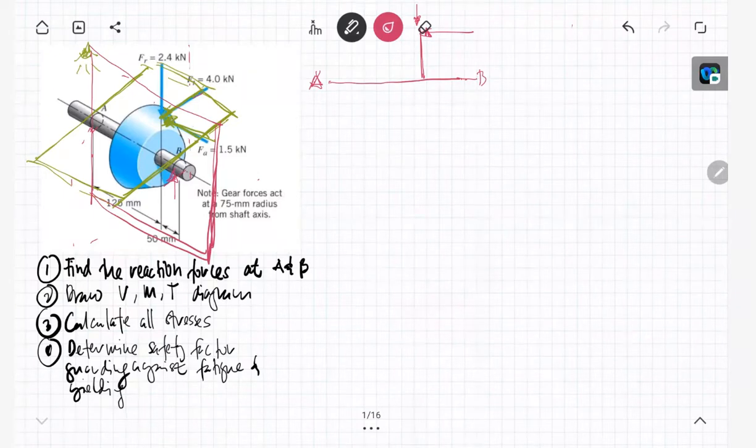Okay, so if we see from this direction, we will see the forces is this force and this force.